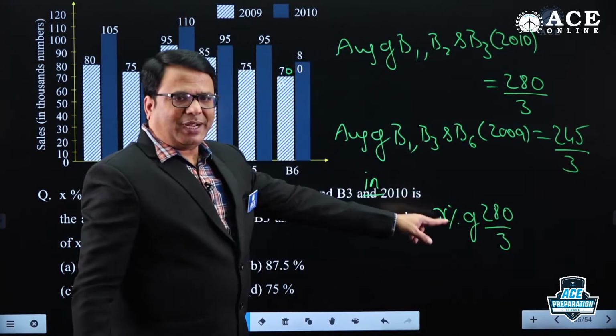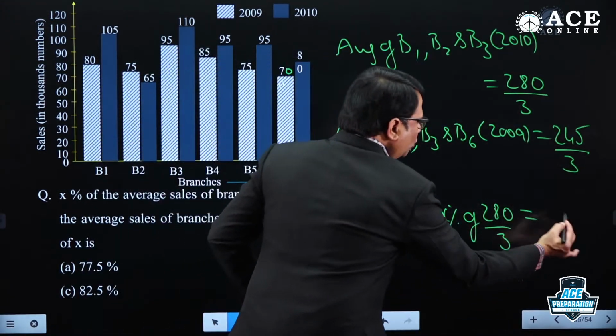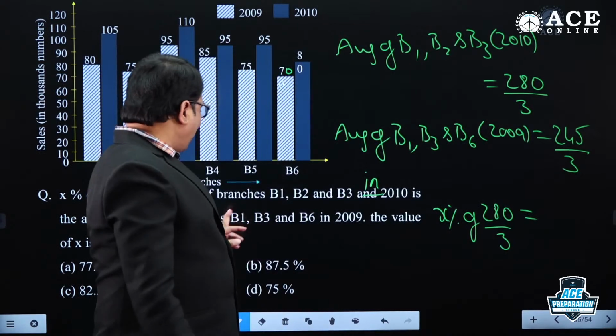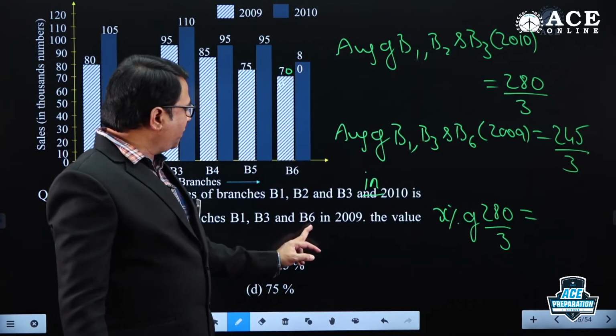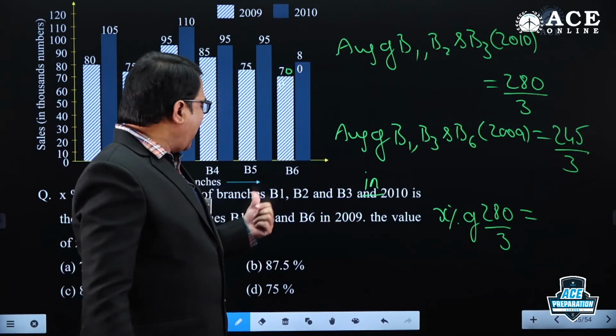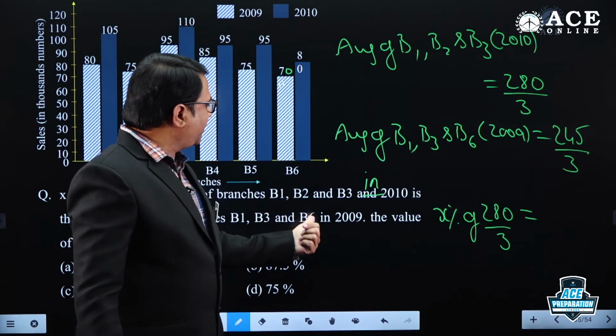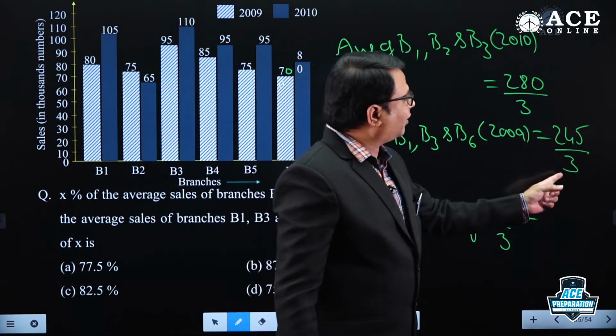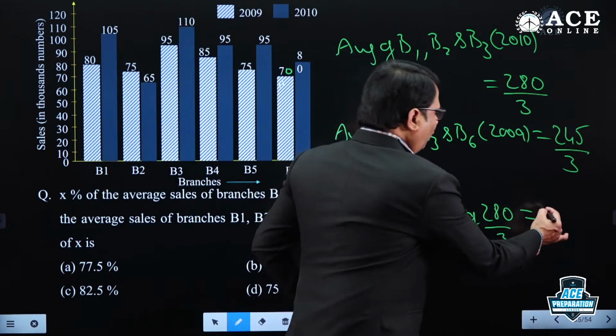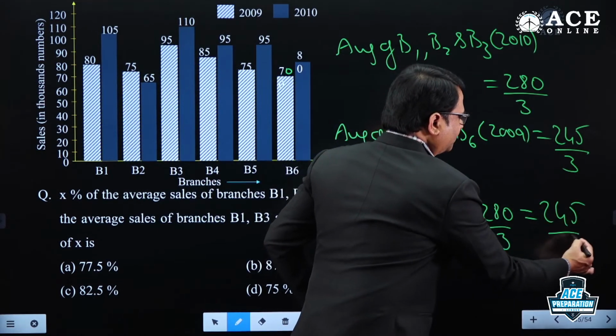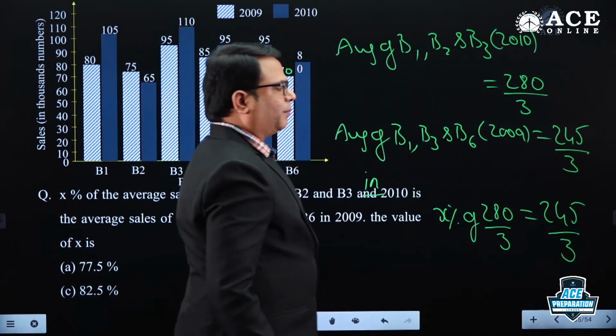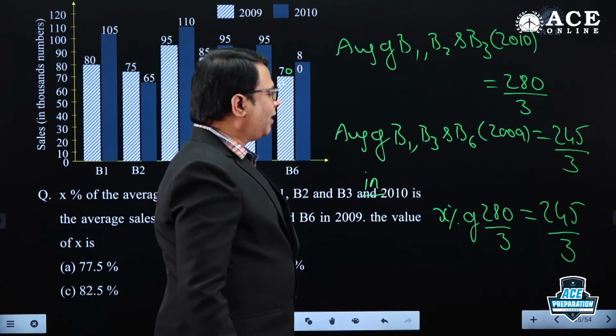X% of 280 by 3 is equal to the average of B1, B3 and B6 in 2009, which is 245 by 3, and we have to find the value of X.